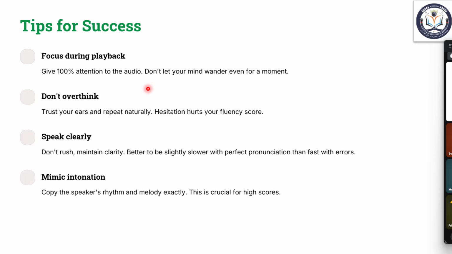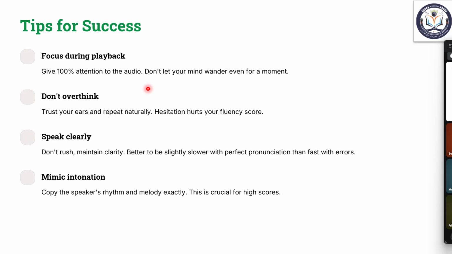Then mimic intonation. Mimic intonation simply means you have to copy the rhythm of the sentence which is said. When you listen, try to focus on which part of the sentence is with higher intonation, which part of the sentence is pronounced with rising or falling intonation.